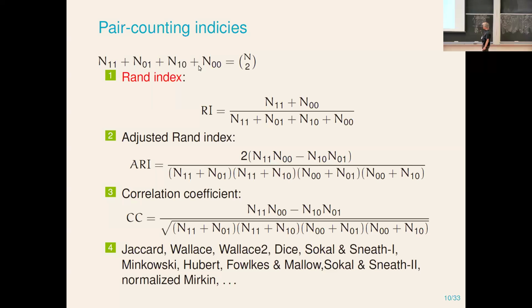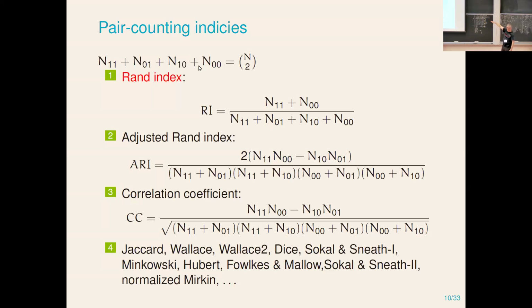Now, then there is this other one, the correlation coefficient, which is very close to the cosine distance. You might know it from other areas. Like today we have learned about the Jaccard distance.